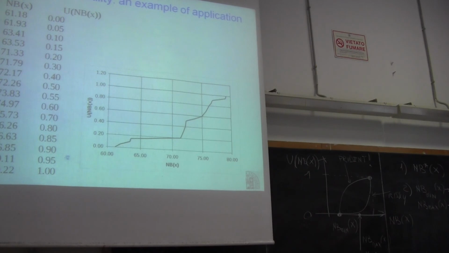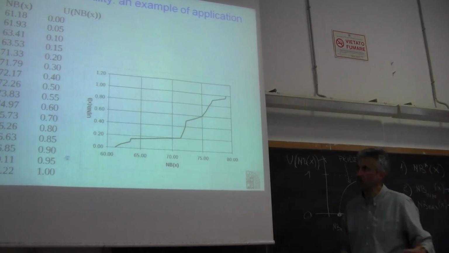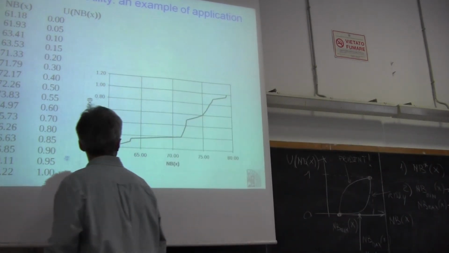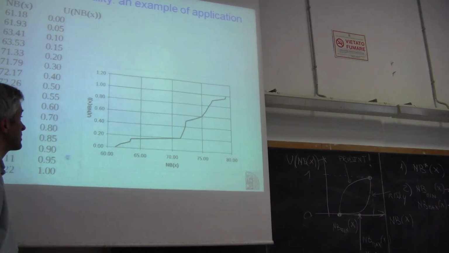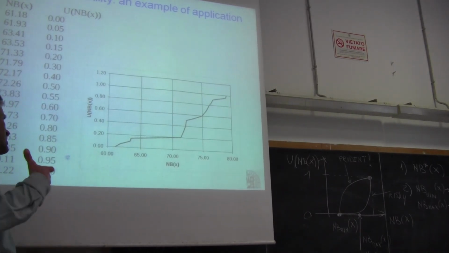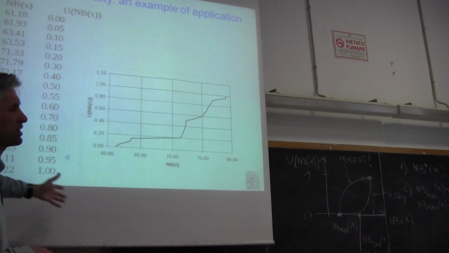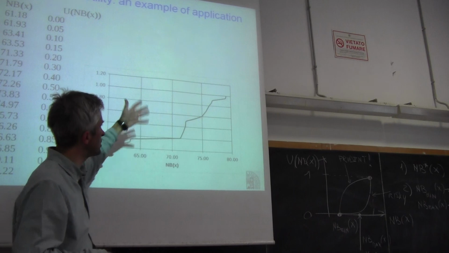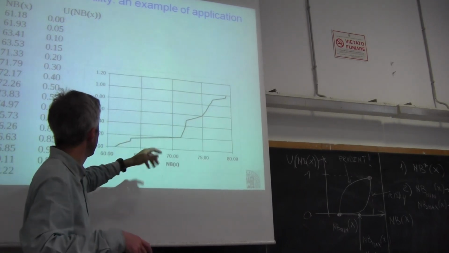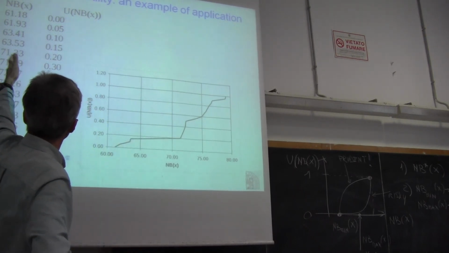And let's suppose that you give this utility function to this benefit. This is a shape that is not really the best one. I just went by chance. But this is not decreasing, so that's fine. This is the benefit, and the minimum is about 61.